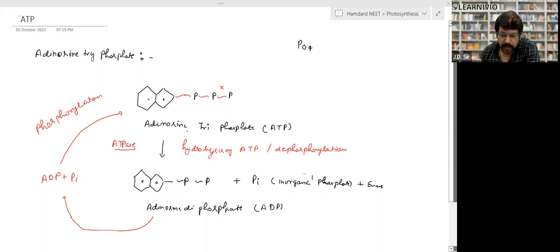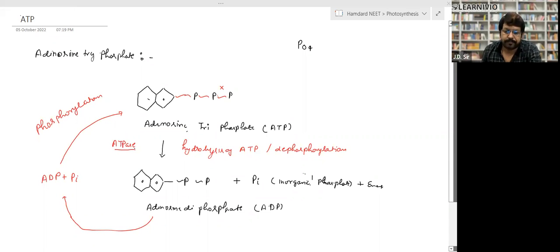ATP is known as the energy currency of the cell, because every organism gets energy at the expense of ATP.